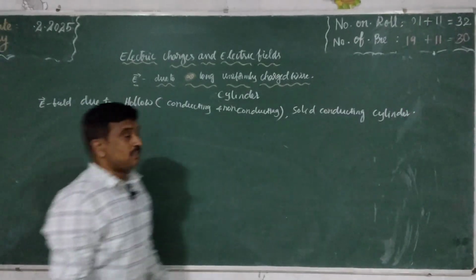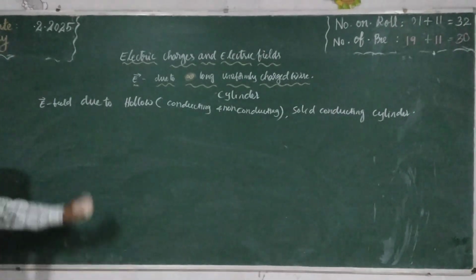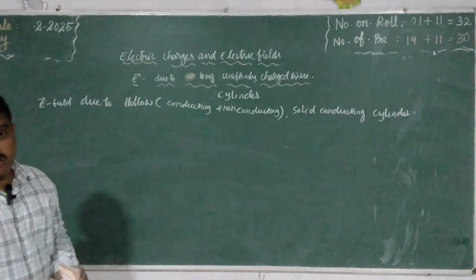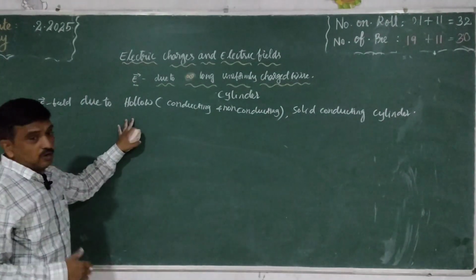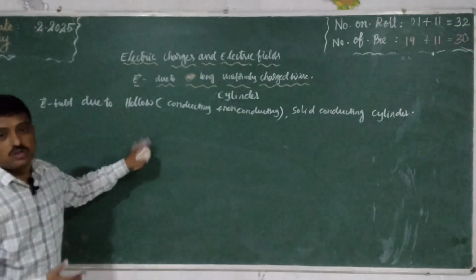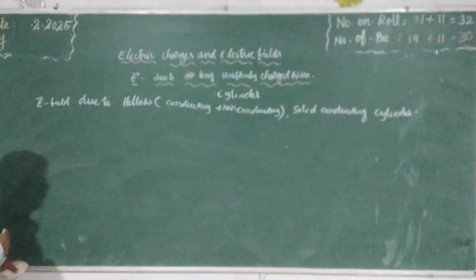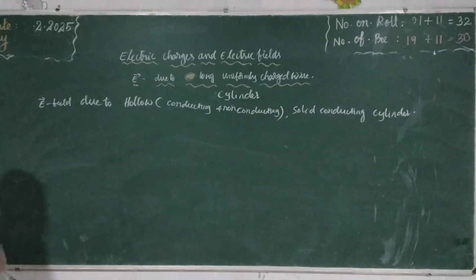This we discuss first. Why? All of these are the same, with the charge on the surface. That's why we can find it for one hollow cylinder, and it will be related to the total charge, for the conducting, non-conducting, and solid conducting cylinders.